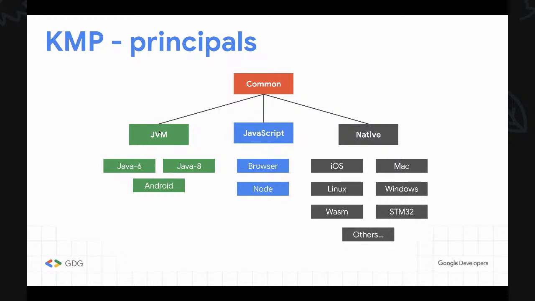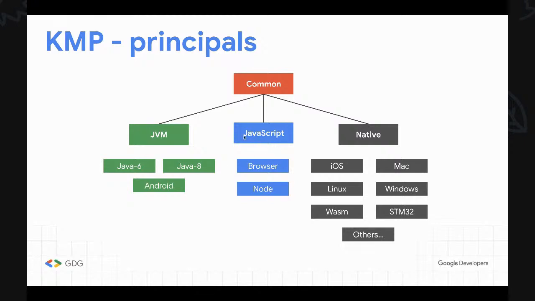For example, if we take the Java Virtual Machine, this generates jar files which allow Kotlin to be used by Java projects such as Android and even Spring Boot, using the JDK Java 6, Java 8, and I think we can use it also for Java 11.